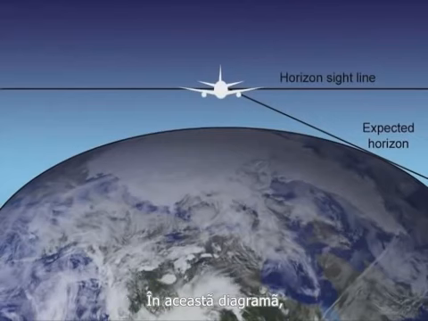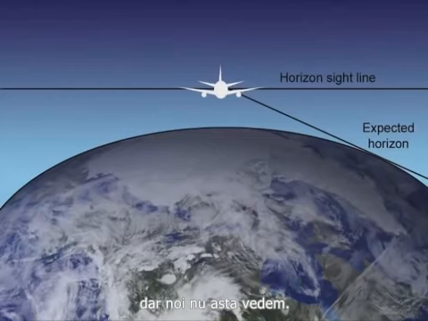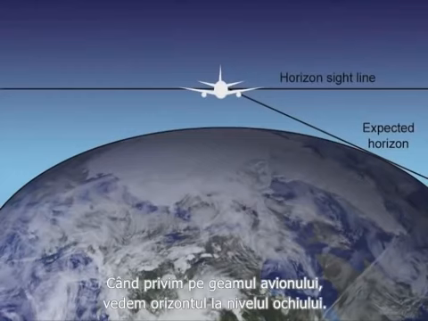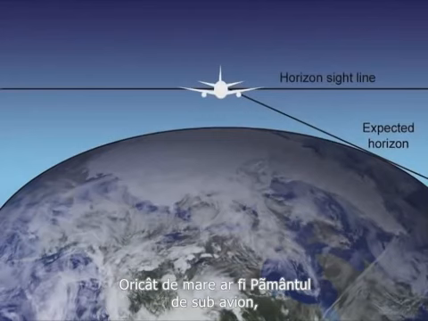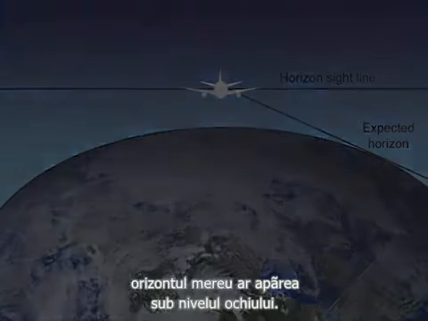As on this diagram, the expected horizon would be below you, but that's not what we see. When you look out of a plane window, you always see the horizon at eye level. And it doesn't matter how big you make the Earth below the plane, the horizon would always appear below you.